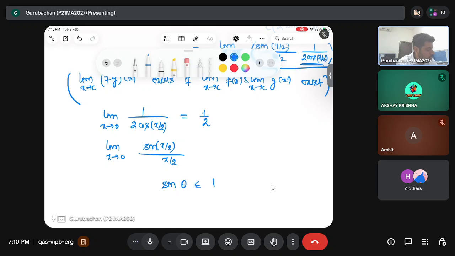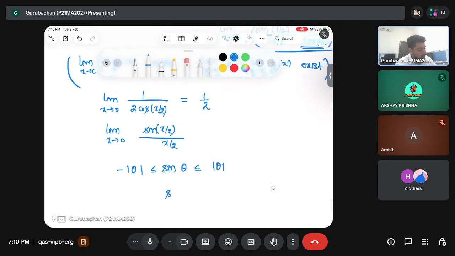So from this what you can say, sin(x/2) divided by x/2 will lie in between minus 1 to 1. Is it correct? Will this expression work out, or do we have to think something else?